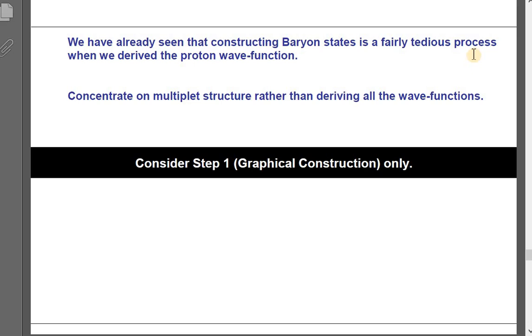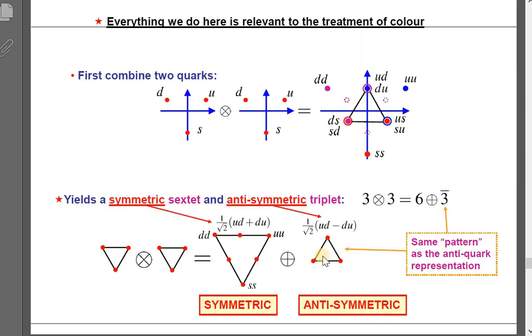So for the time being, we will consider here only the first step, that is the graphical construction of the multiplet structure, rather than deriving all the wave functions. Now, whatever we are going to talk about here will also be relevant for the case of color quantum number, which I am going to talk about in my next lecture.